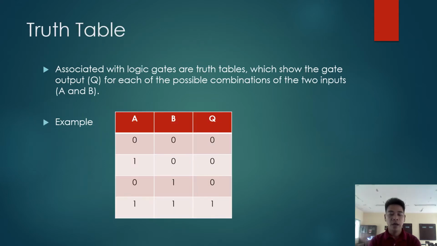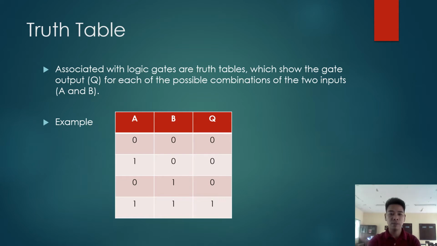Truth table. Associated with logic gates are the truth tables, which show the gate output Q for each possible combination of the two inputs A and B. As we said earlier, logic gates have one or more inputs and only one output.